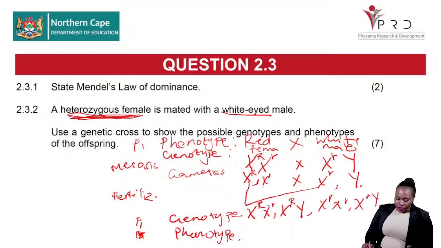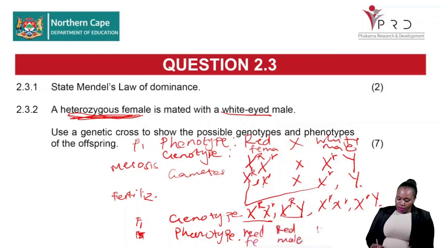Right, so now let's have a look at the phenotype. We have a female here who is red-eyed, red-eyed female. And then we have a red-eyed male as well. And then we have a white-eyed female and a white-eyed male.